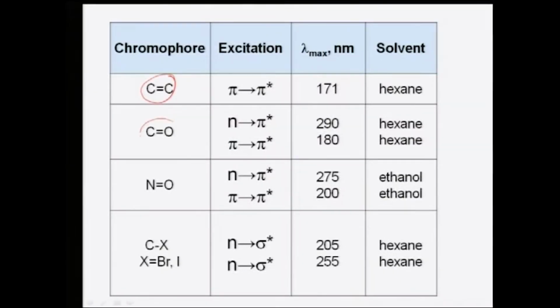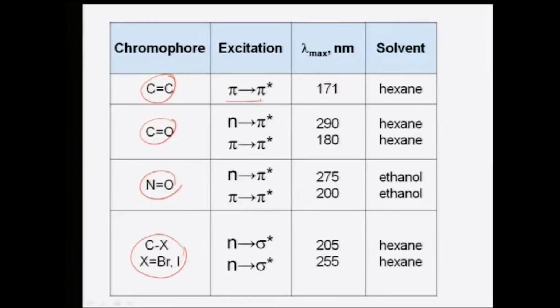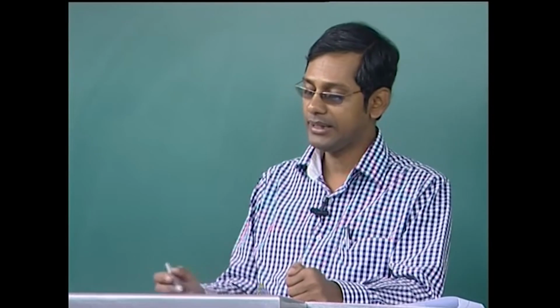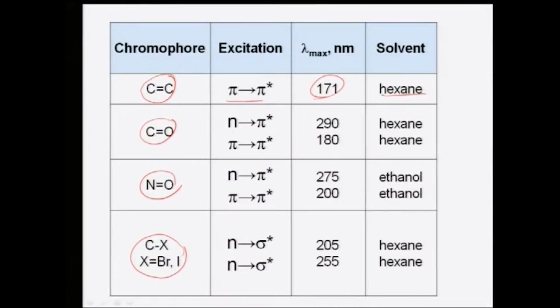C=C double bond, C=O double bond, this is a ketone, N=O double bond, or you can have C-X, where X can be bromine or iodine. For the C=C double bond you will normally have pi to pi star transitions, and in hexane solvent this is the maximum wavelength possible where absorption can happen. For ketones you can have n to pi star and pi to pi star transitions at these two wavelengths.